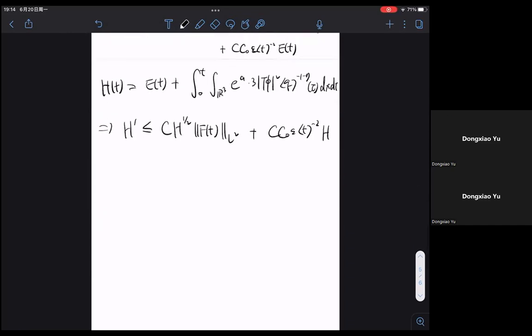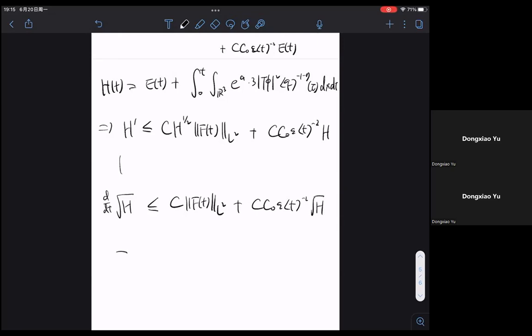So the proof is now similar to the proof of the previous energy estimate. That is, we divide both sides by h to the 1 over 2. So we get something like the time derivative of the square root of h is controlled by a constant times the L2 norm of f of t, plus c c0 epsilon t to the negative square root h. Now we use the trick we have seen in the proof of the previous energy estimate.